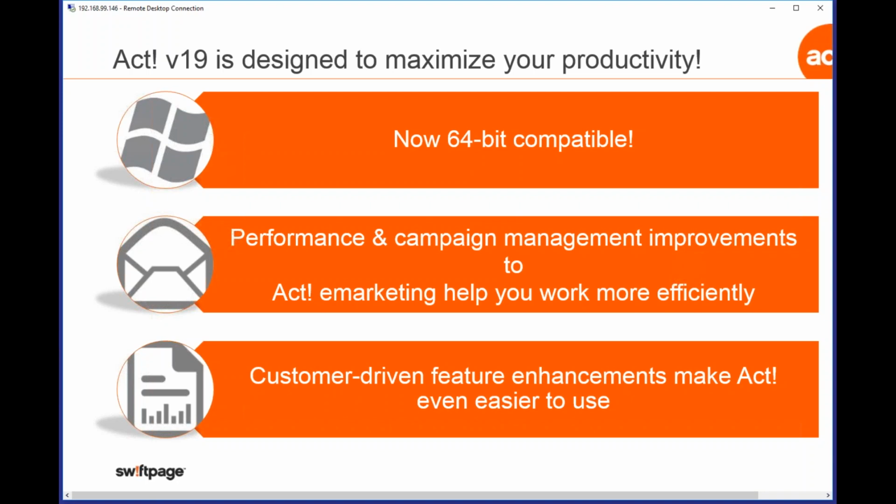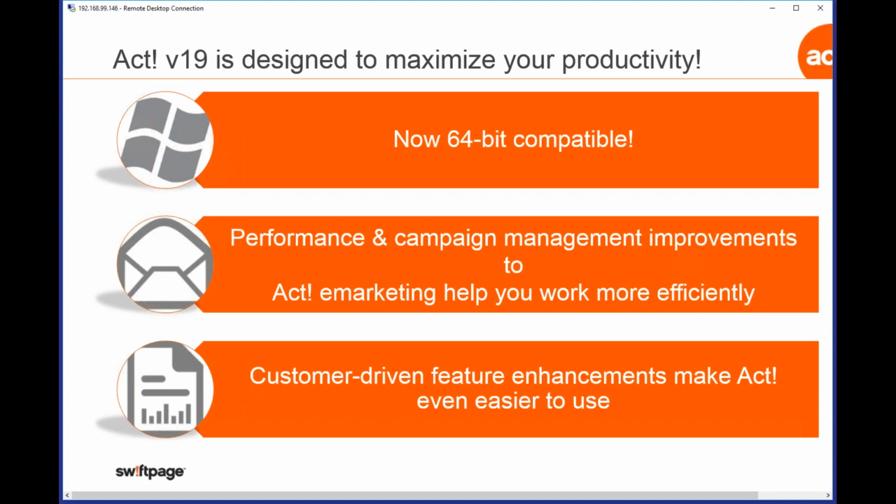So Outlook, Word, Excel, if you wanted to merge any data with those or synchronize data, if you had 64-bit Office, it would not work. Okay, so now version 19 and moving forward allows you to integrate your ACT with your Word, Outlook, and Excel in 64-bit mode.